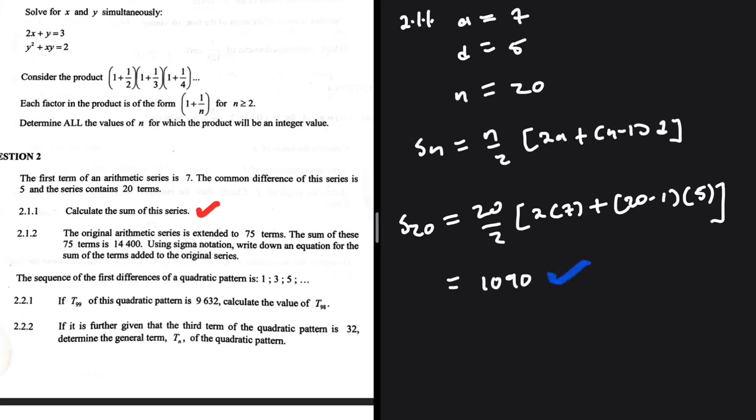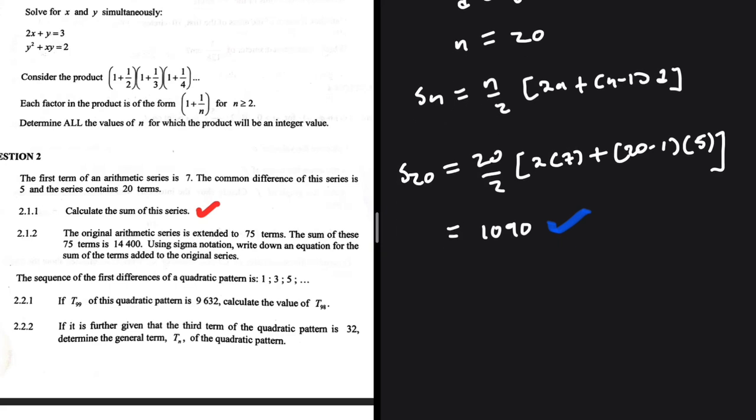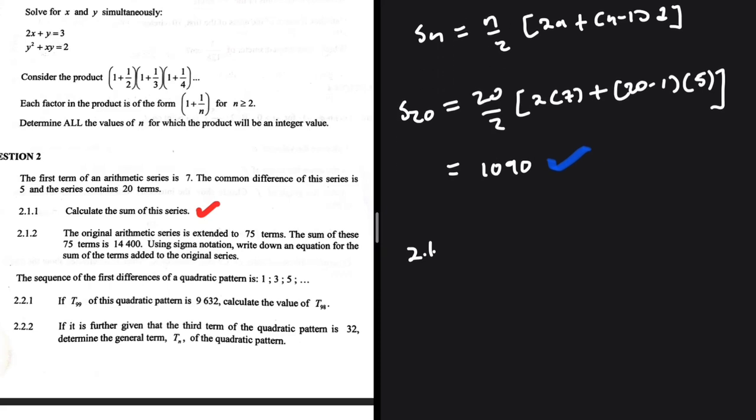So this is 2.1.1. Let's take a look at 2.1.2. The original arithmetic series is extended to 75 terms. We now have 75 terms. Using sigma notation, write down an equation for the sum of the terms added to the original series.